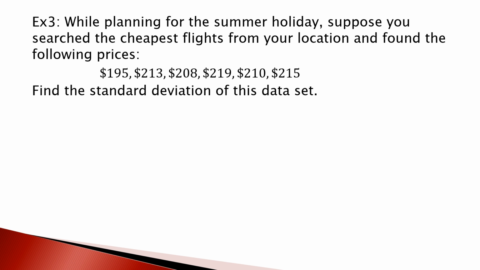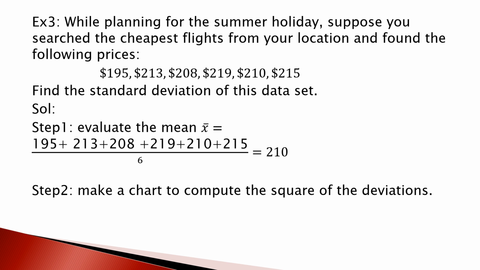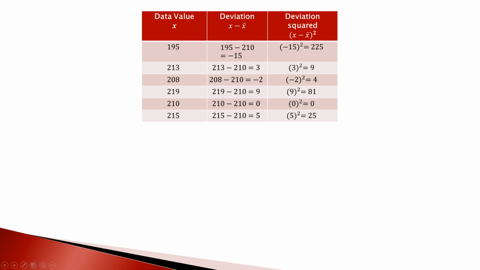First of all, let's find the result. The mean is 210. Then let's make a chart to find the squares of the deviations. Here are the data points. These are the deviations, and once we find the deviations, we square them to make them positive.